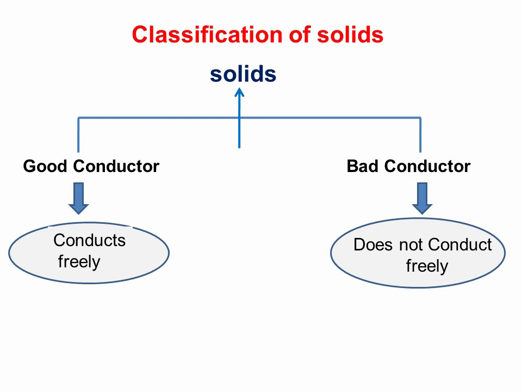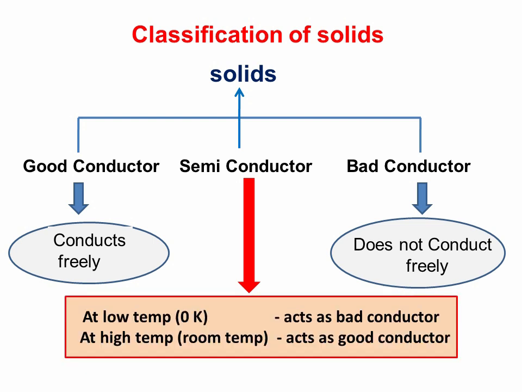The third one is semiconductor. This substance having the property of lie in between good conducting materials and bad conducting materials. With respect to external energy or doping, these semiconducting materials having conducting phenomenon.